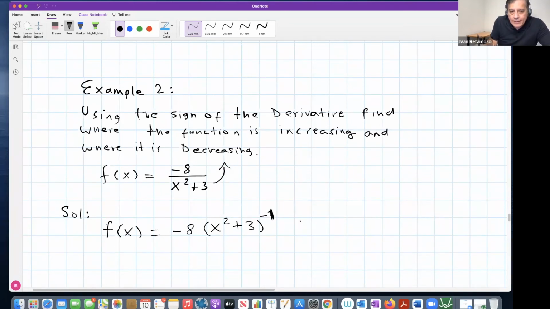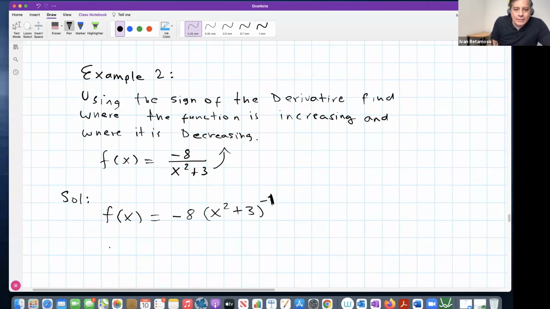Okay. So now, if I take the derivative of this function, what will that be? Well, notice this constant -8 will come out. This is going to be my outside function, and this will be my inside function, right? x squared plus 3, very good. When you take the derivative, start with this.